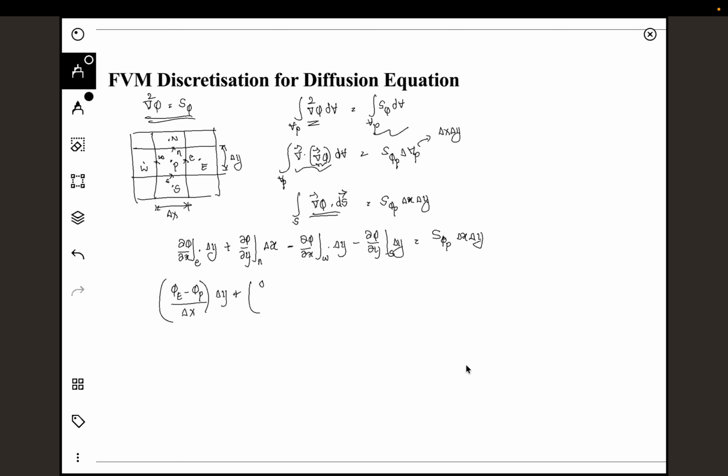For the north term, this will be phi N minus phi P. Similarly the other terms: phi west minus phi P, phi south minus phi P. Sorry, this will be delta x.